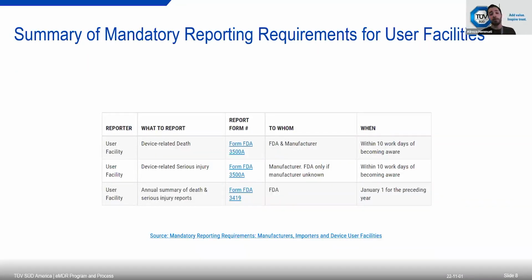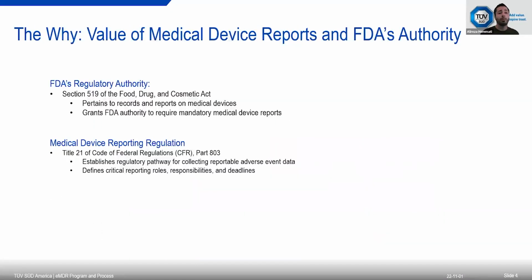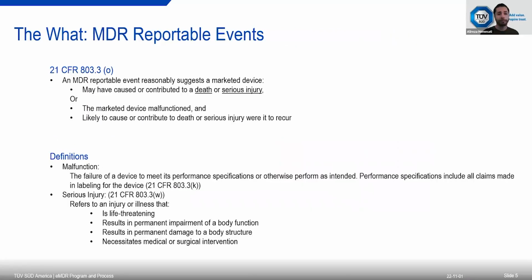Because remember, we have two types of reportable events. One is related to an actual harm, where a device malfunction has caused or contributed to death or serious injury, and the other one is a malfunction that is likely to cause or contribute to death or serious injury if it were to recur.